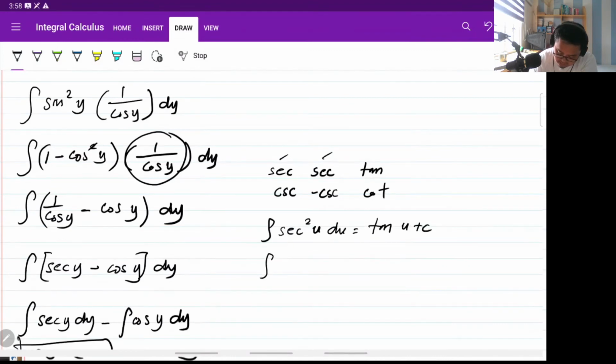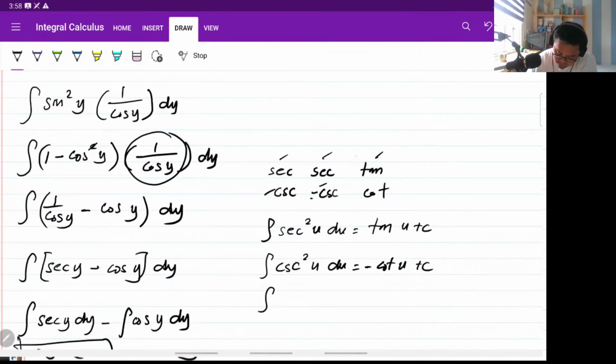Next is the bottom part, cosecant squared u du, which equals negative cotangent u plus c, since this is negative.